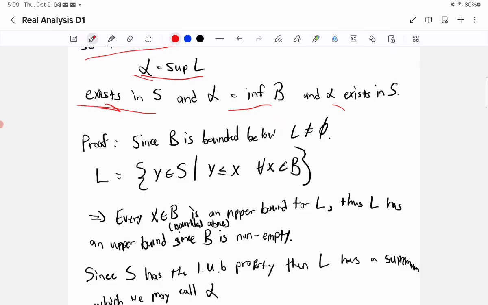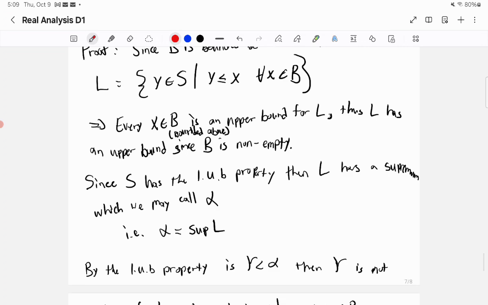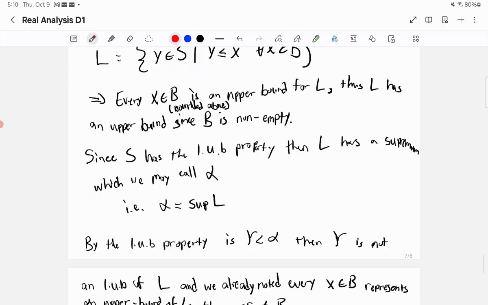Then we're just defining what L is. It's the set of all numbers in S such that they are less than or equal to all the numbers in B, right? This is just the definition of a lower bound anyways. So any number that's less than or equal to all of the numbers in B is a lower bound of B. So this is the set L. Great.